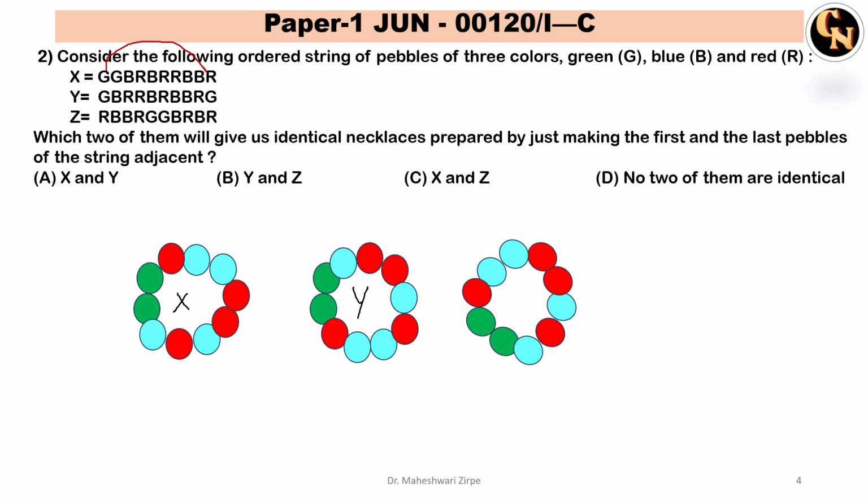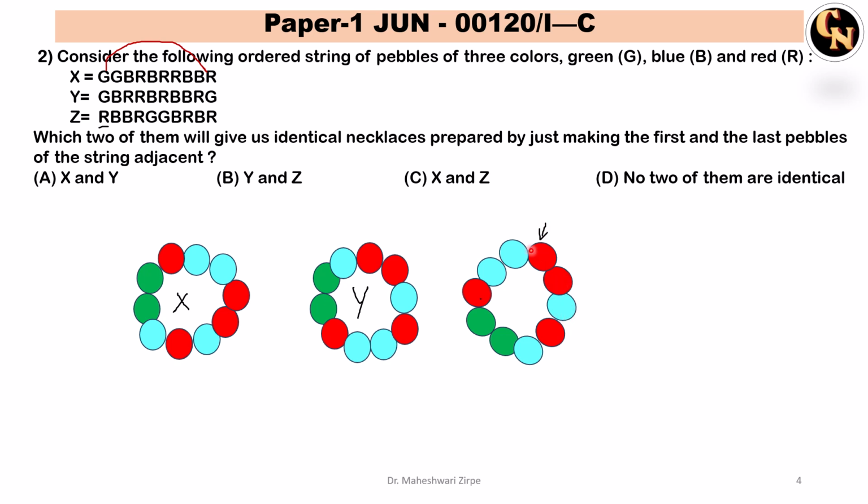Let me show it this way. Let us start from this ball. Okay, red, then there are two blue, two blues. Then there is red, that is this red color pebble. Then there are two greens. Then there is a blue, then there is a red, again blue and red.